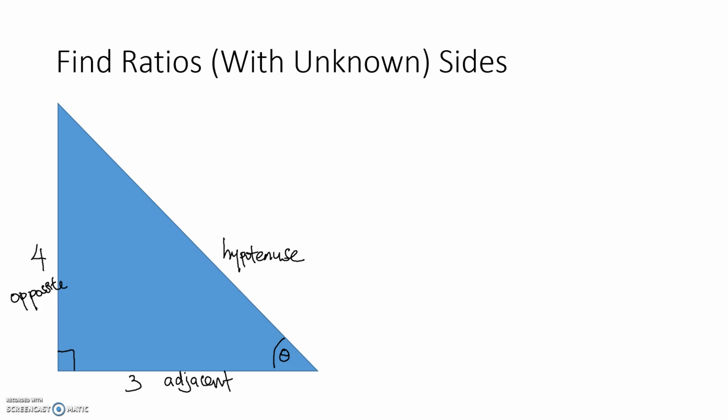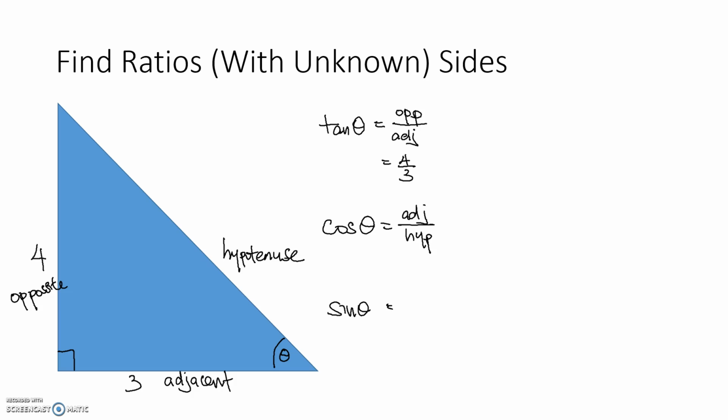If we start with tangent theta, there's no problem because tangent theta is opposite over adjacent, which is 4/3. Now the problem arises when you're asked to look for cosine theta and sine theta. The reason is that cosine theta is adjacent over hypotenuse, and sine theta is opposite over hypotenuse.